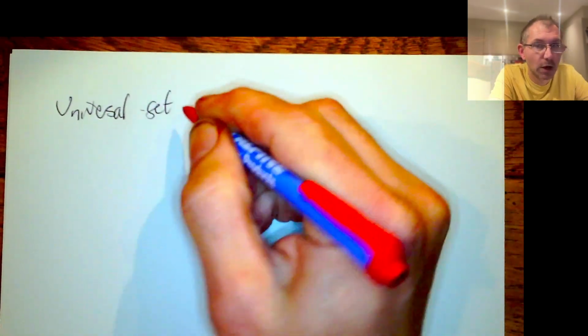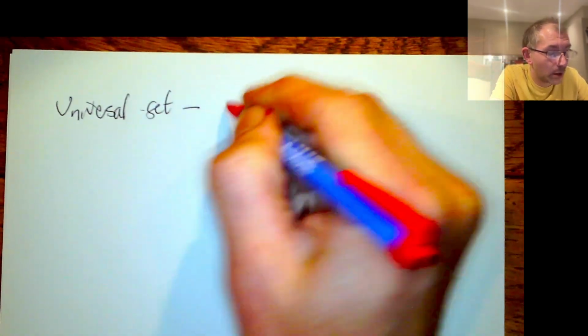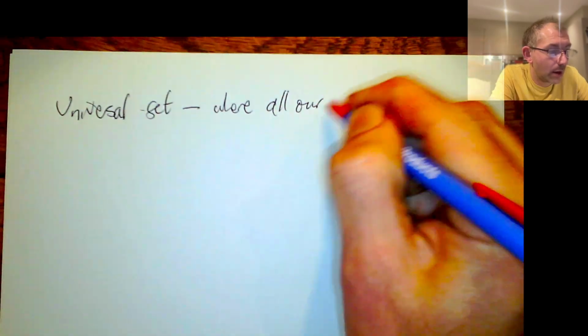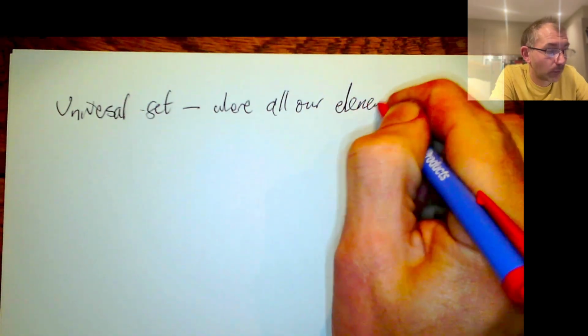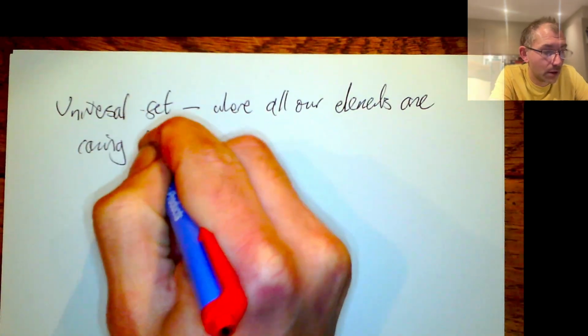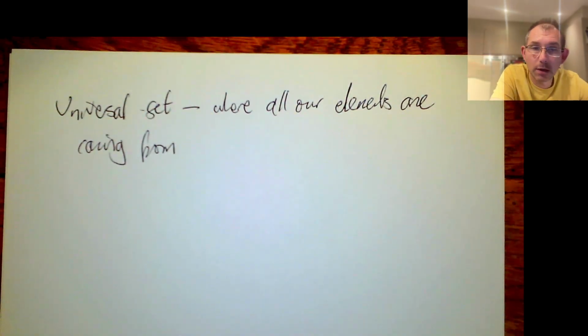So we will have a universal set, which will be where all our elements are coming from. And indeed, all the subsets will be collections of these elements.